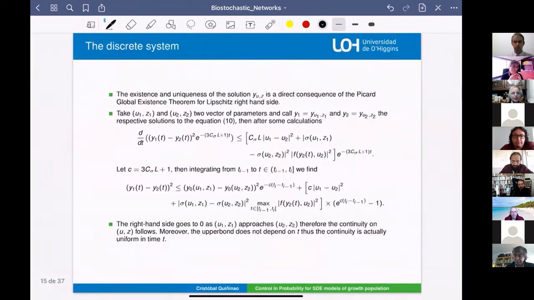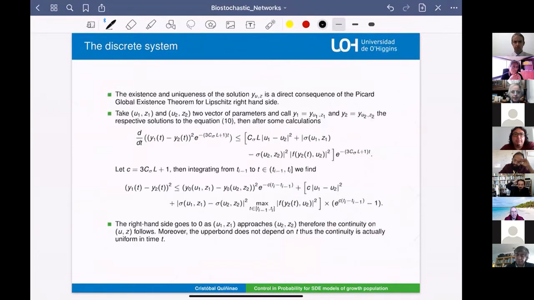And the proof is really easily done, since you are working with just one small interval of time. You can show that the difference between two solutions is bounded, and the upper bound is continuous on all the parameters of the system. It's Gronwall, easily, and classic.